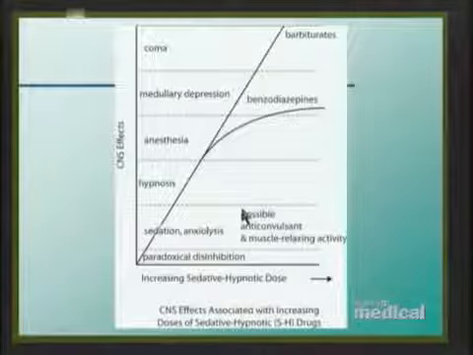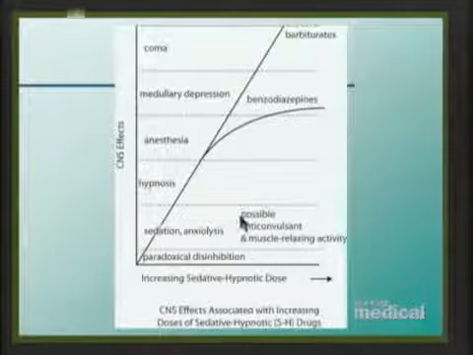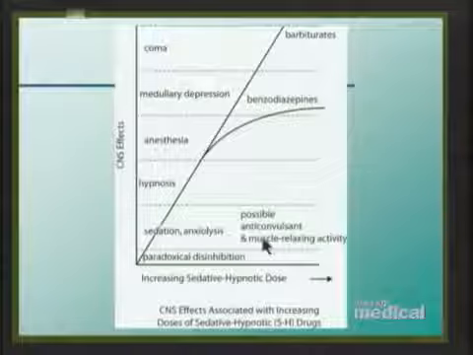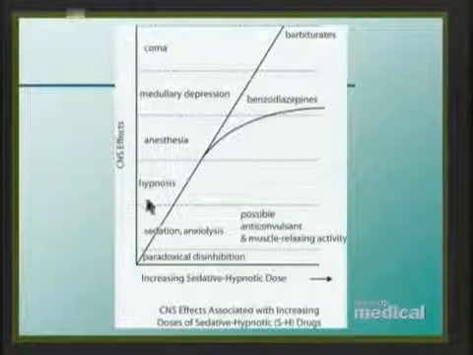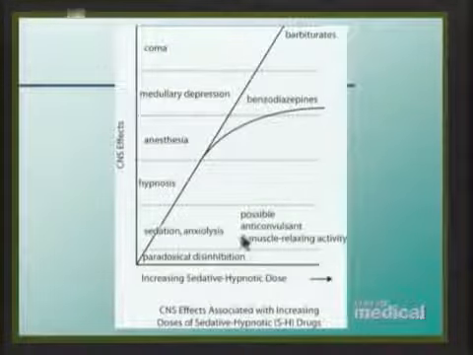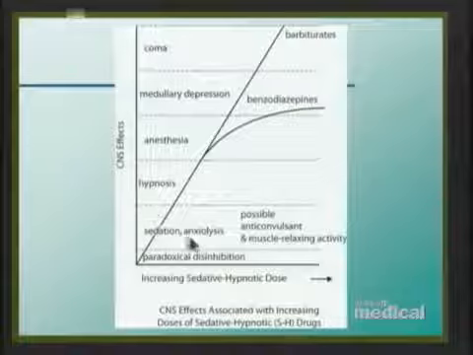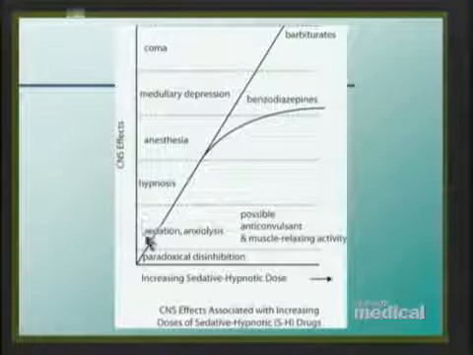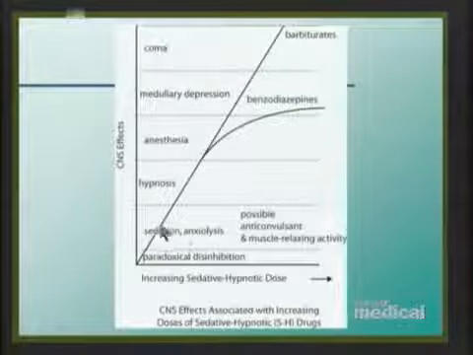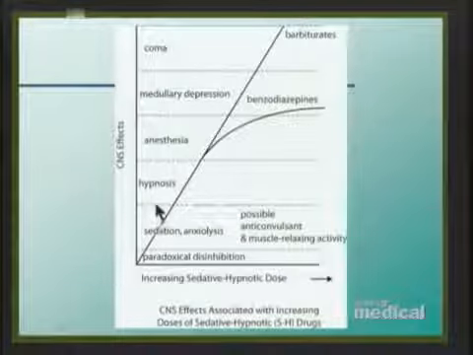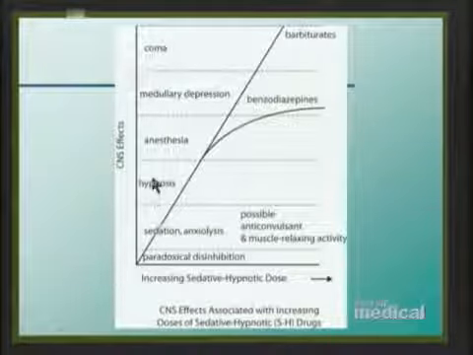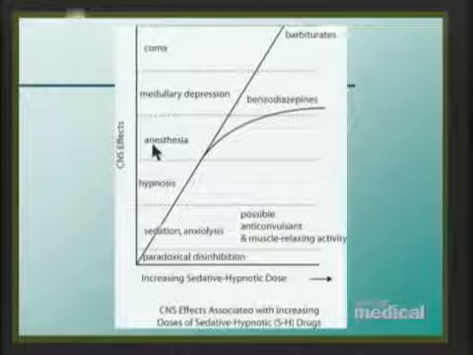Potentially, this level of CNS depression may also have anticonvulsant and muscle-relaxing activity. It is this level of CNS depression that is generally looked for when we use benzodiazepines or barbiturates in ambulatory patients.